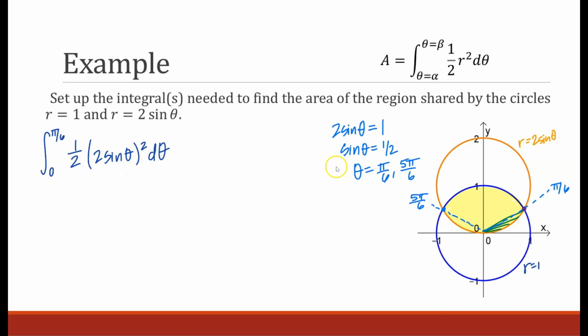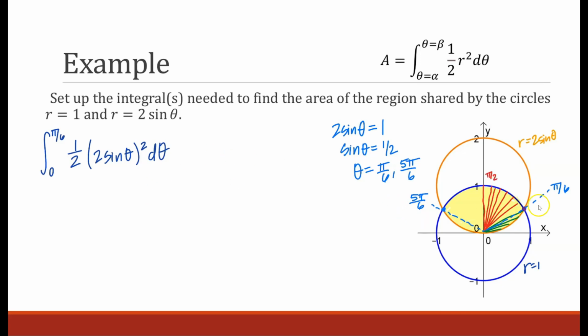So this first integral is going to find this little tiny area right here, but then I have to keep going. And now, as I continue on past pi over 6, the area I'm going to be collecting is on the function r equals 1. So I can kind of keep going. And you know what? I'm actually going to stop at the angle pi over 2.